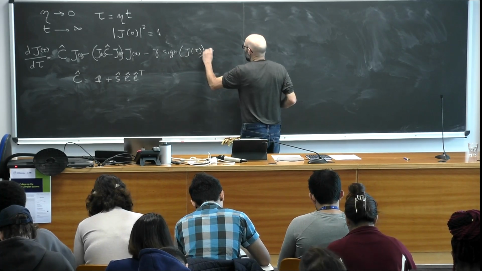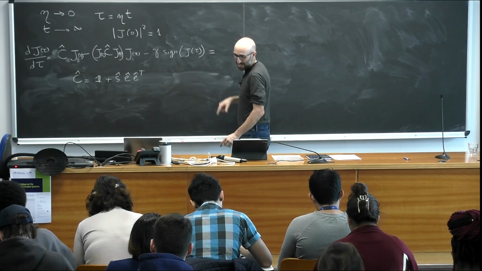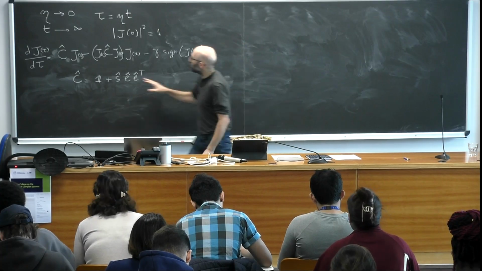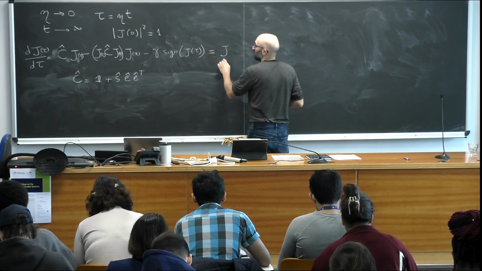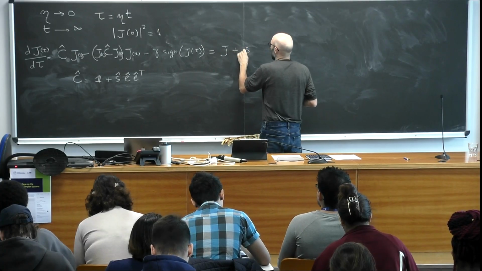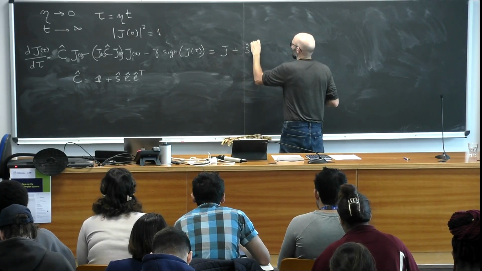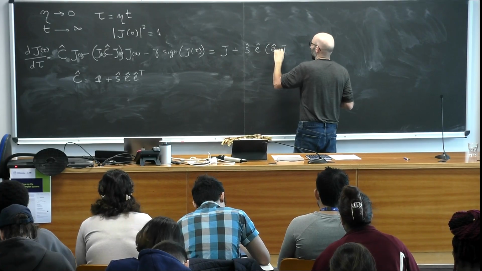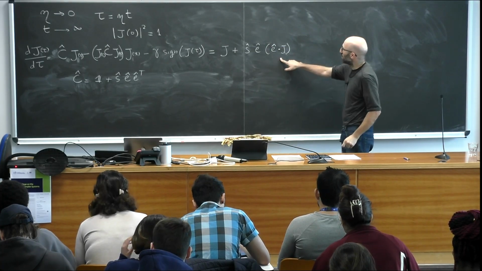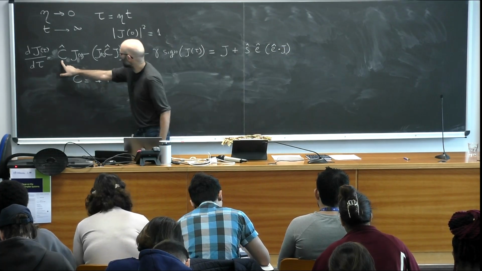So in this case, we can compute this thing. Let's plug this in. We get J plus S hat times E hat times the scalar product of E hat with J. This is when I put C hat here.